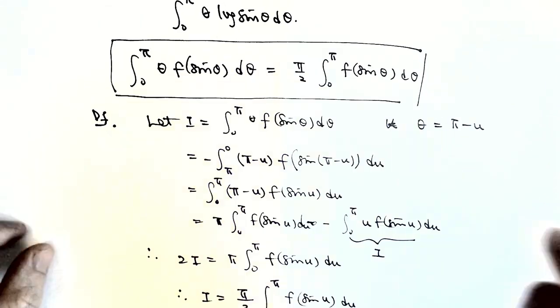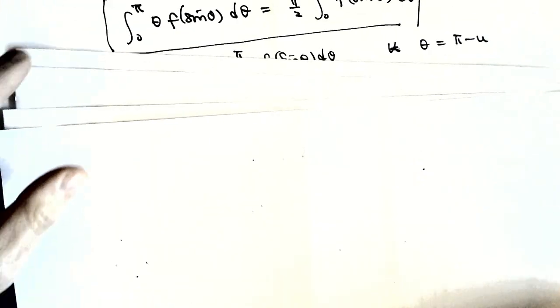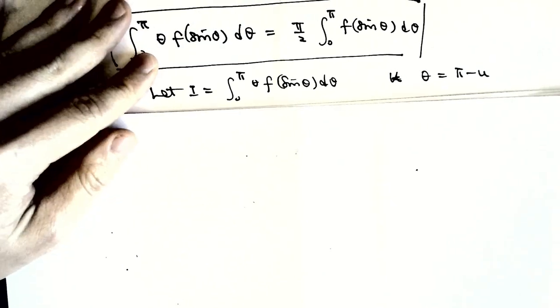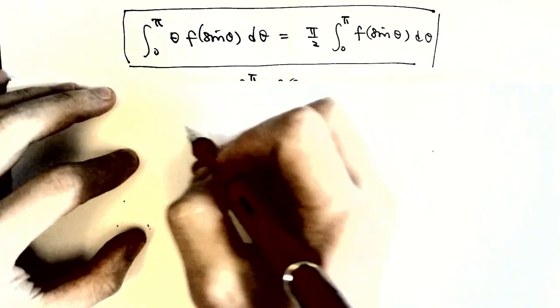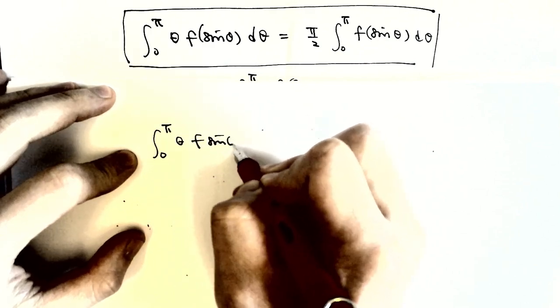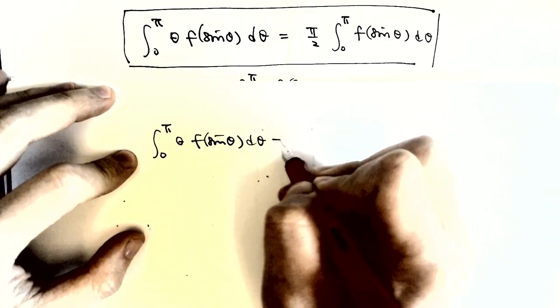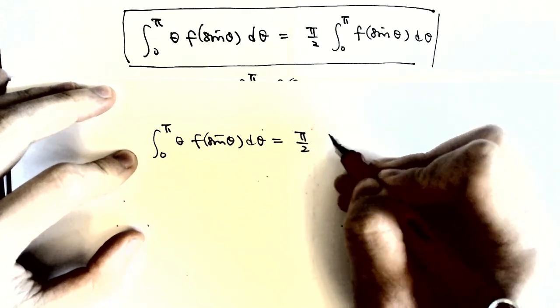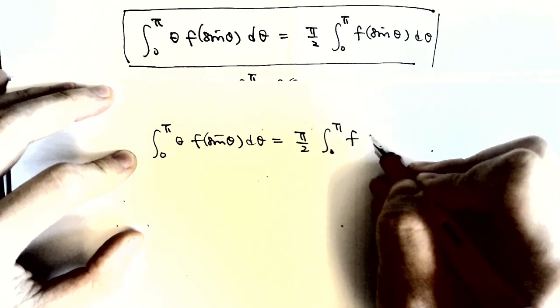Now the second part of this trick is that we can further simplify it. For this, we know it is pi over 2 times the integral from 0 to pi of f of sine theta.